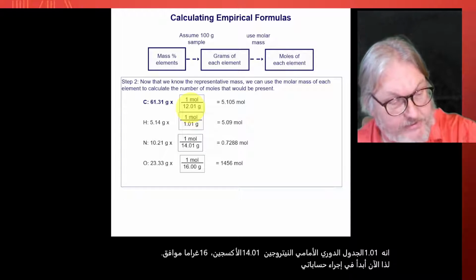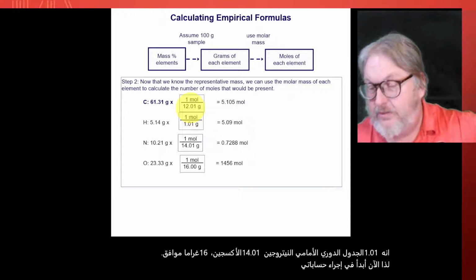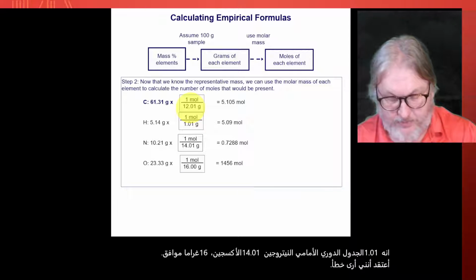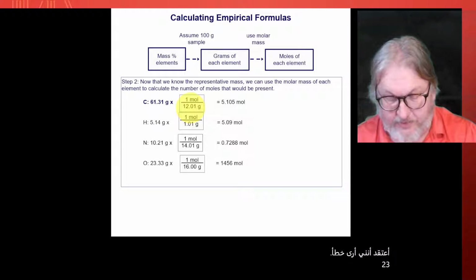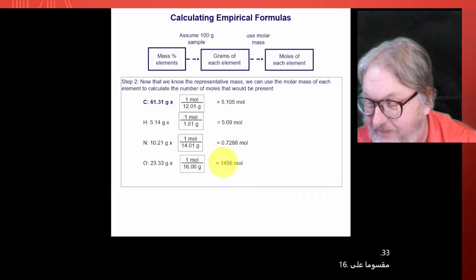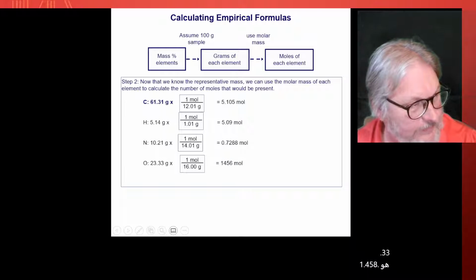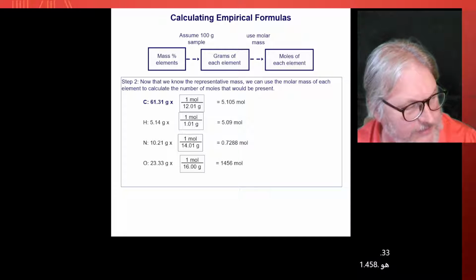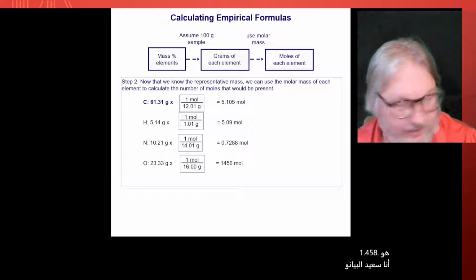Oops, I think I see an error. 23.33 divided by 16 is 1.458. I'm going to have to put my pen on, and I'm going to have to correct that slide, because that would mess me up.